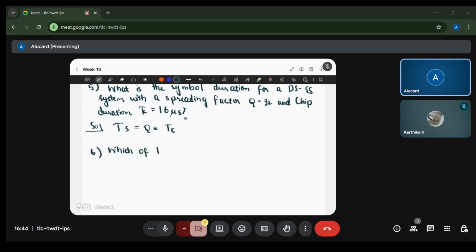Which of the following is an advantage of the DSSS system?